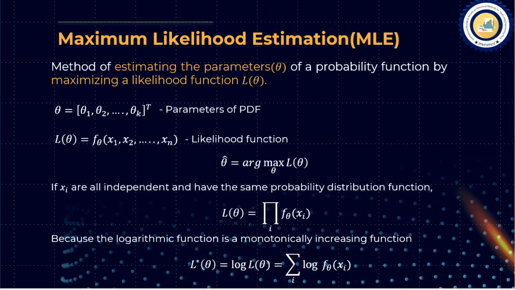The maximum likelihood estimation is a method of finding the parameters of the probability density function that maximize the likelihood function. When all x have the same probability density function and are independent, the likelihood function can be expressed as a kind of joint probability function, and the logarithmic function can be used for the likelihood function because the logarithmic function is monotonically increasing.